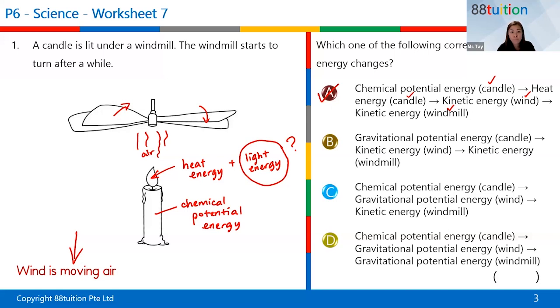Tanishka? They ask for energy changes. Okay, but light energy is produced, right? In this case. So why is it that light energy is not inside our equation here? How come it's not under the transformation? It's unnecessary for this one.